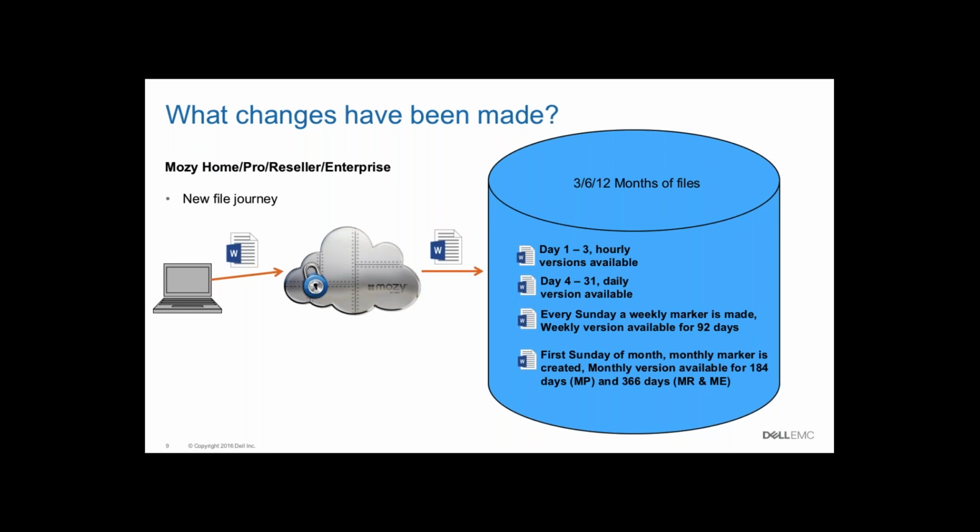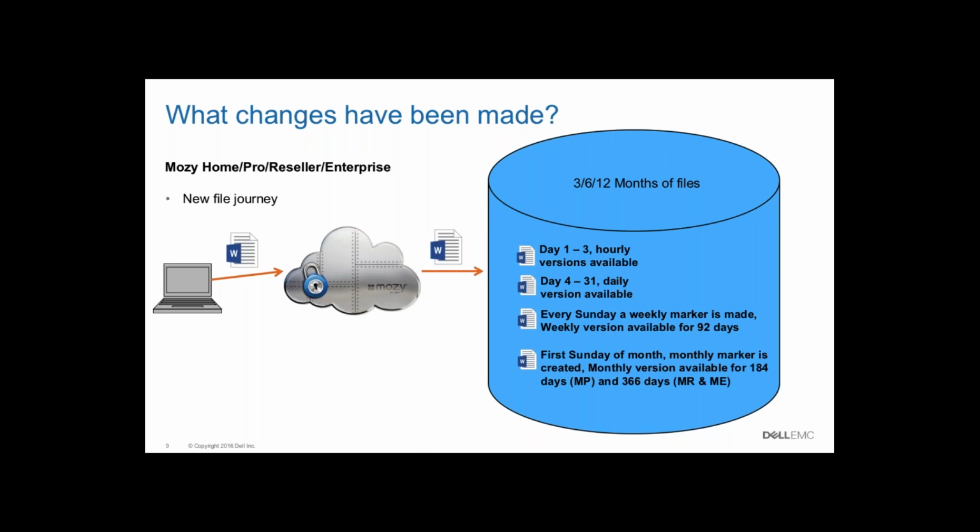So if we take a file that's been backed up for the last 30 days, and we look backwards here, if you see the graphic on the screen now, inside that little database picture, you'll see what I'm going to talk through. With the new policy, a file will have hourly versions available for restore for the first 3 days on our backend.